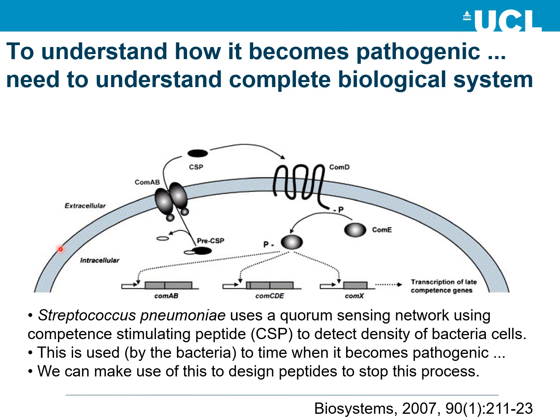As there is a higher density of bacteria, you get a higher density of CSP, and all of them get turned on. This is called the quorum sensing mechanism. So it senses the level of bacteria within that particular niche, the nasopharynx.